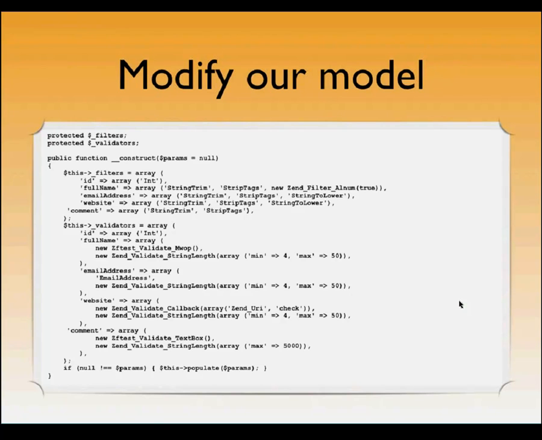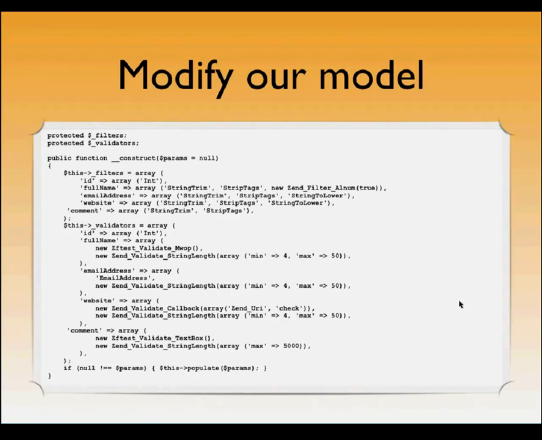Basically what we have done is we skipped the filtering and validation in the form for most of the part and left it over to the model, because why do things twice, right? So we create a filter array, which is like the element that you want to filter, and then the filters that you want to apply upon it.